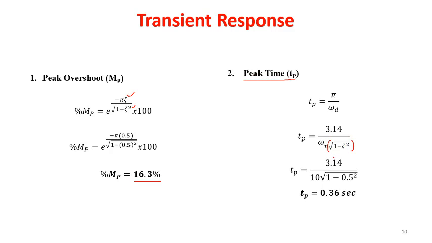Substituting, we get 10 root of 1 minus zeta square, with zeta equal to 0.5. Here the peak time Tp is equal to 0.36 seconds. So at 0.36 seconds we are going to get a peak overshoot of 16.3% for the given problem.